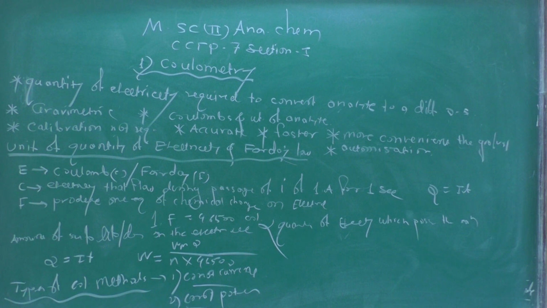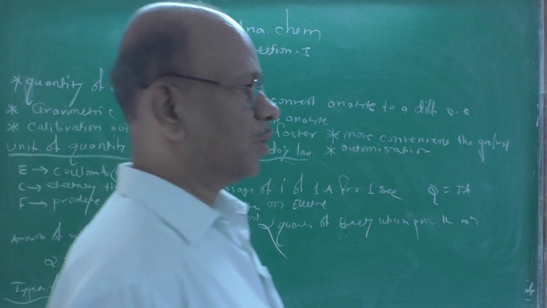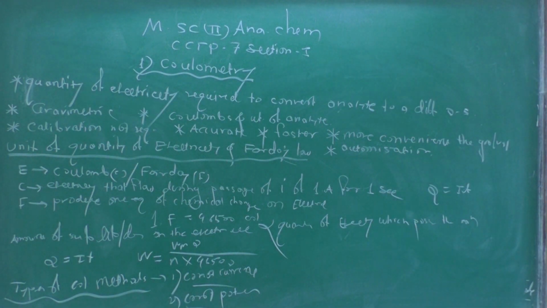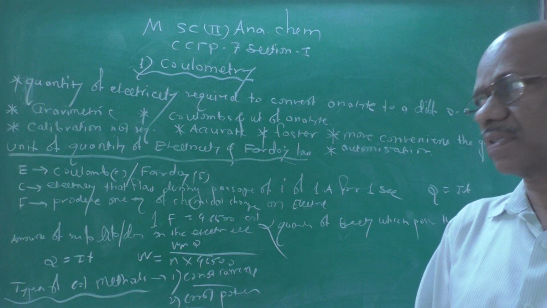Coulometry is based on Faraday's first and second laws of electrolysis, mostly the first law.